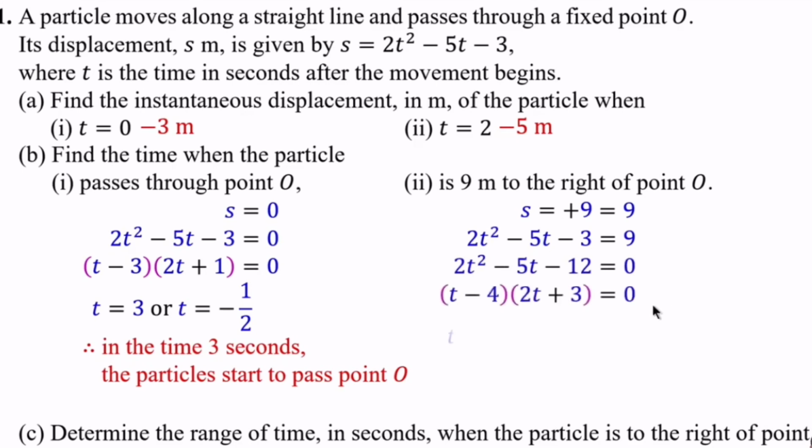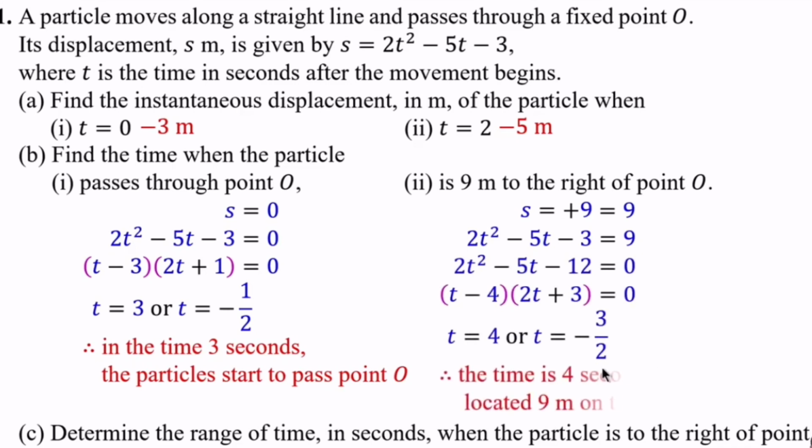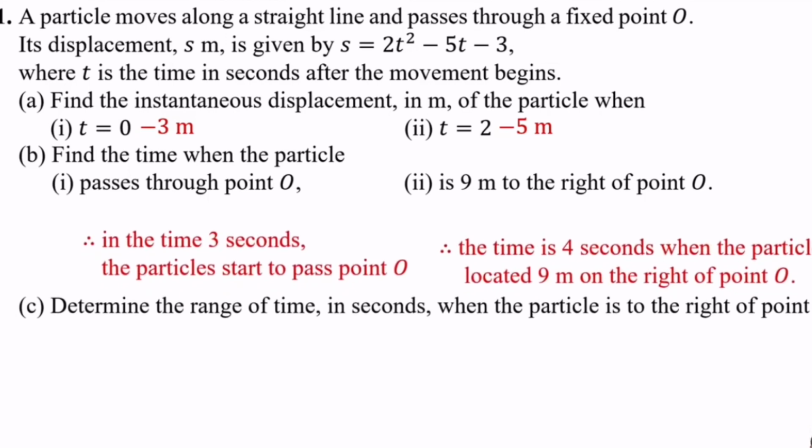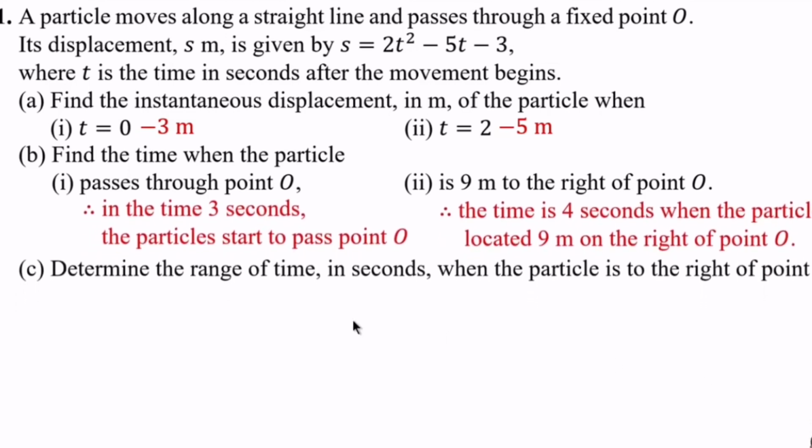We have 2t squared minus 5t minus 12 equal to 0, and then we will factorize and let the factor equal to 0, and we will find the answer which is positive. So the answer is t equal to 4, right? Which is a positive value. The particle is at the right of the point O.